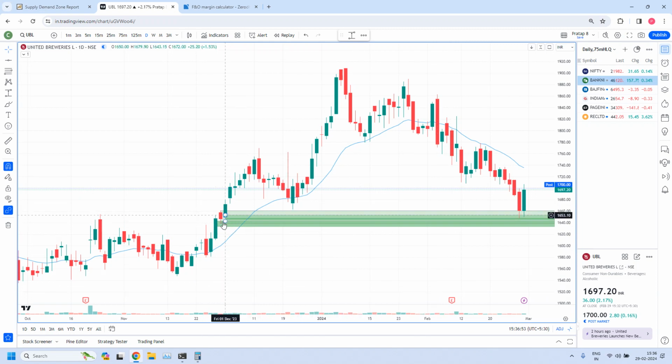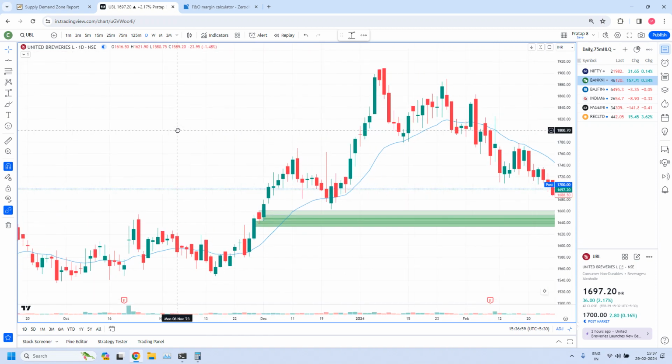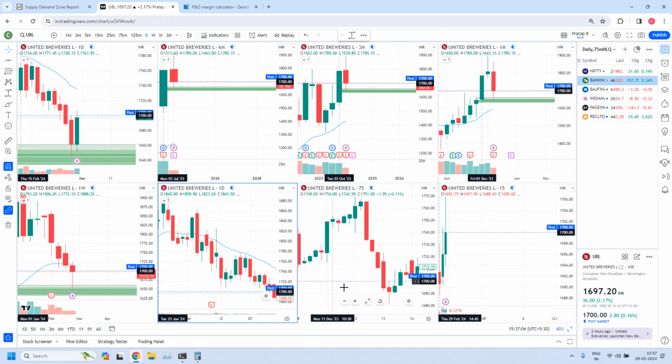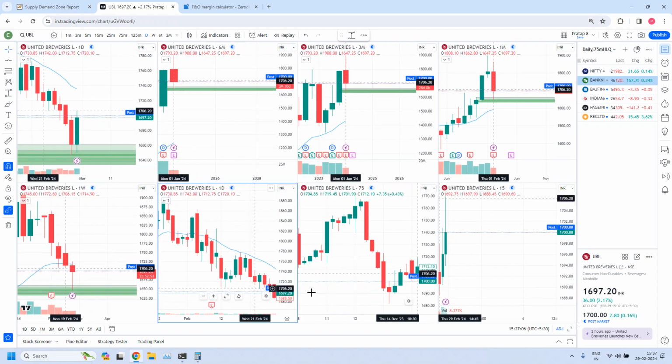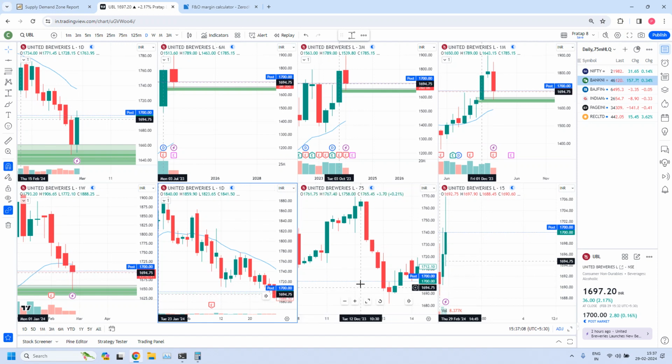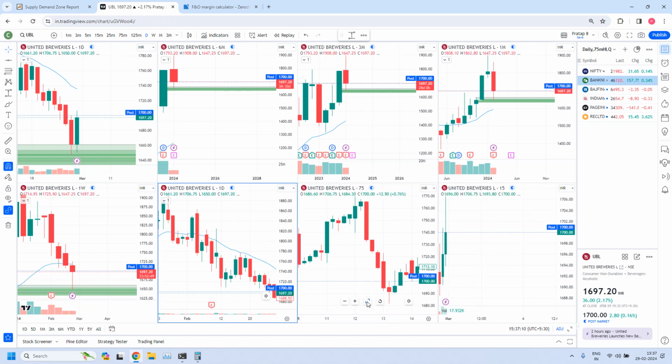And moreover, this UBL daily high liquidity zone, we drew this zone a few days back. We didn't draw this zone now, right? It was there a few days back, because previously prices came near to this zone.